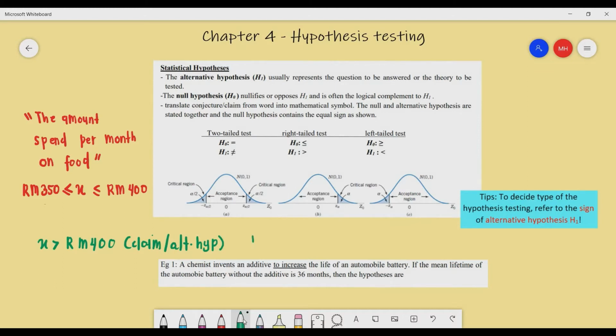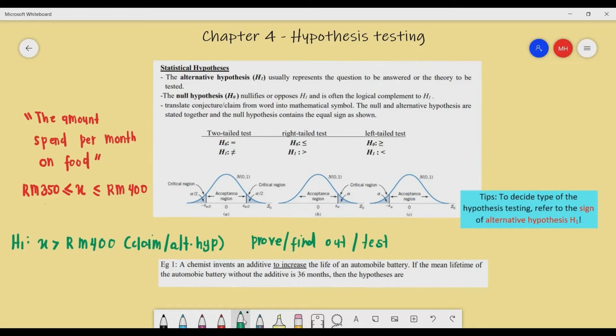Something that you want to prove, to find out, to test, something that the researcher or analyst wants to figure out. And this claim hypothesis is denoted by H1.